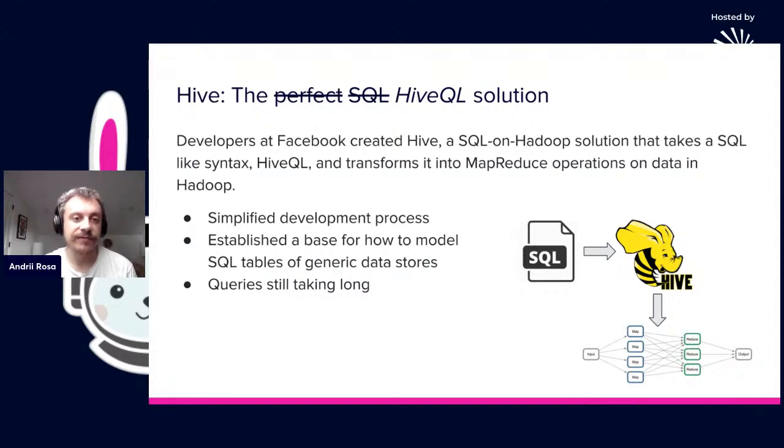So basically, with Hive, engineers were trying to address this problem. With Hive, it was no longer needed to write, compile, and deploy Java code or try to understand all these other interfaces like the one that Apache Pig was providing. Large-scale data processing was as simple as writing a SQL query.